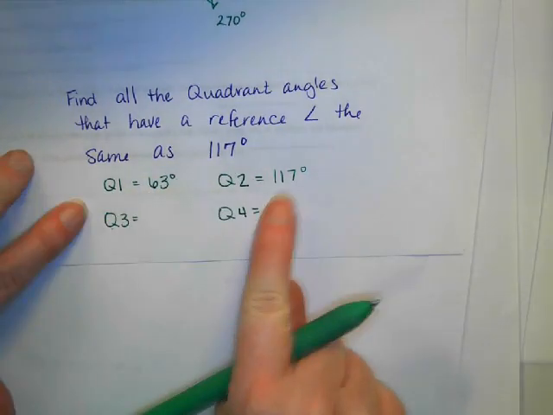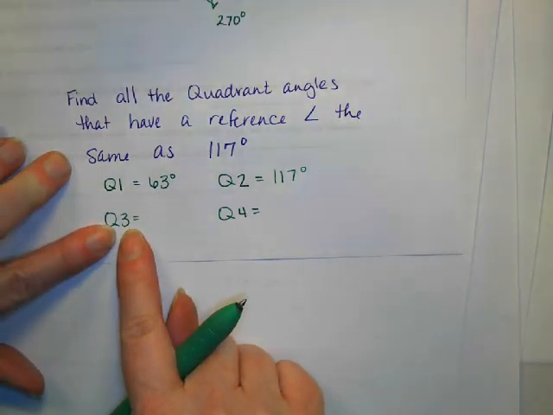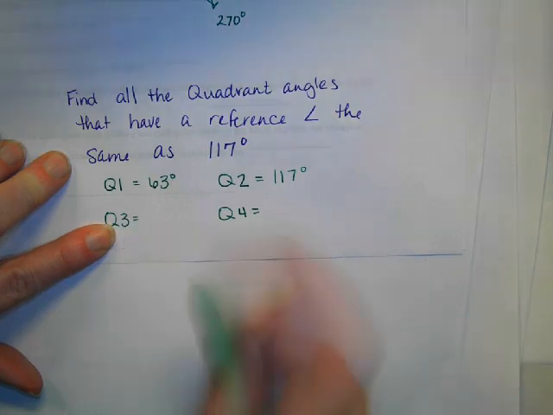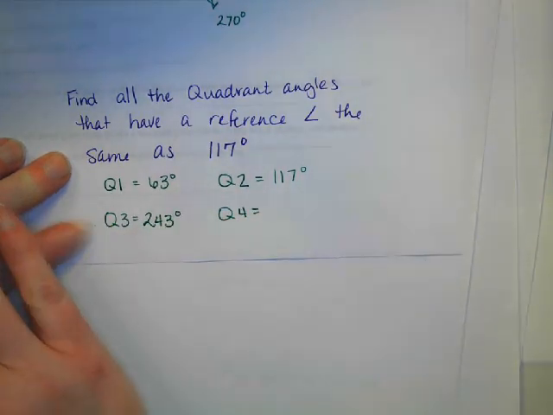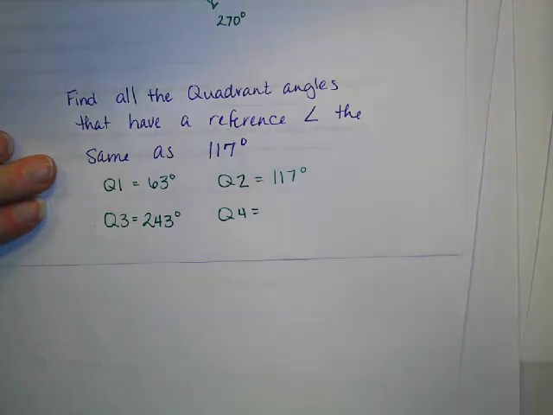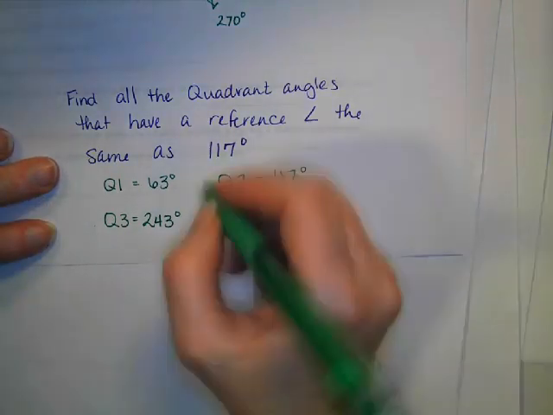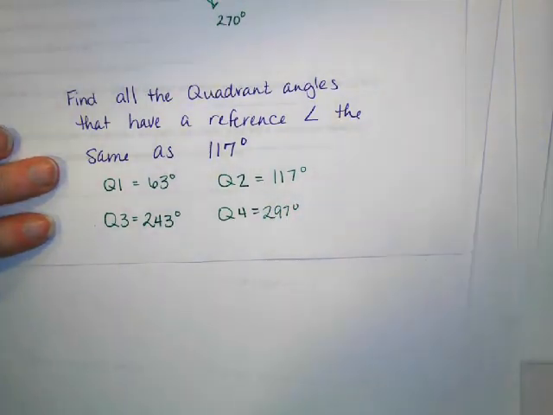All right, so now I need a 63-degree angle that lies in quadrant 3. 243, because 180 plus 63 degrees gives me 243. Now I need one in quadrant 4 that's a 63-degree angle. 297. Because you take 360 and you subtract the 63.